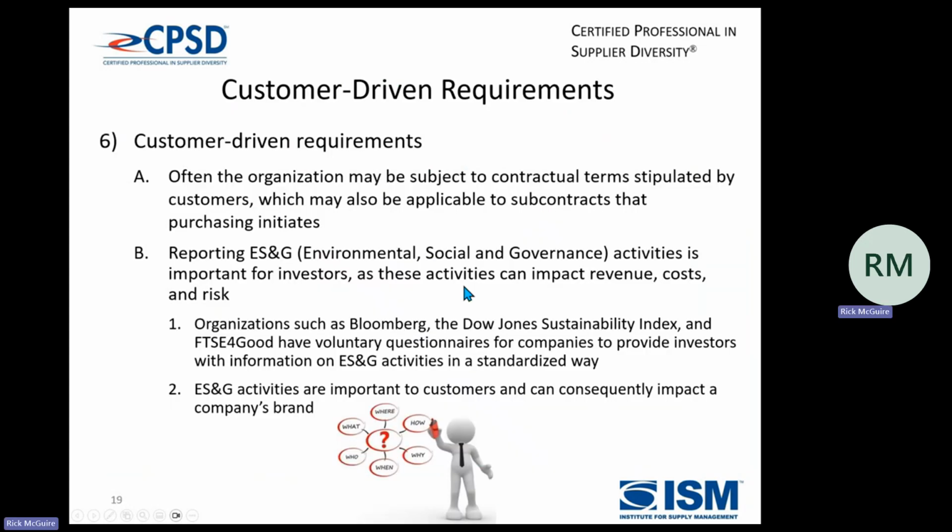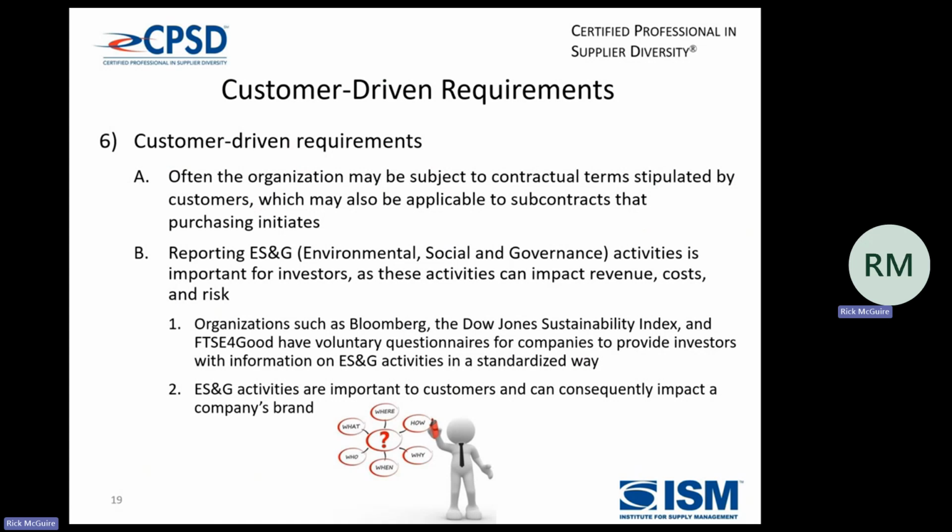Customer-driven requirements. Often the organization may be subject to contractual terms stipulated by customers, which may be applicable to subcontracts that purchasing initiates. So reporting ES&G activities is important for investors, as these activities can impact revenue, costs, and risk.